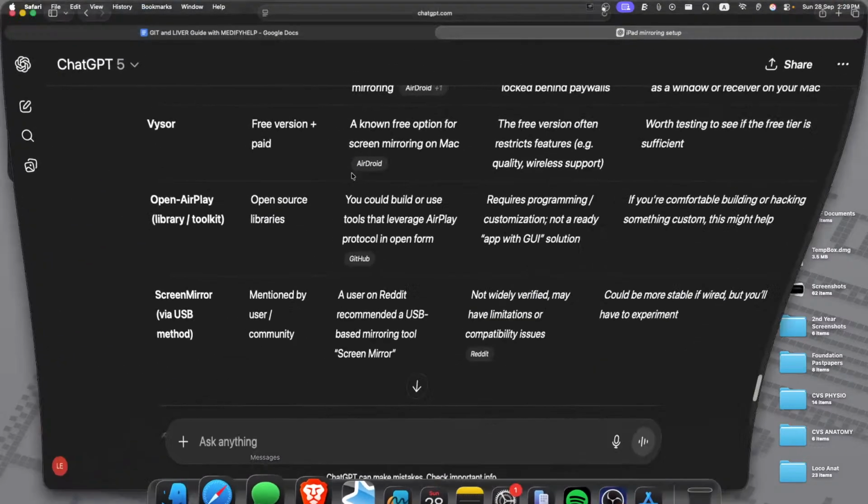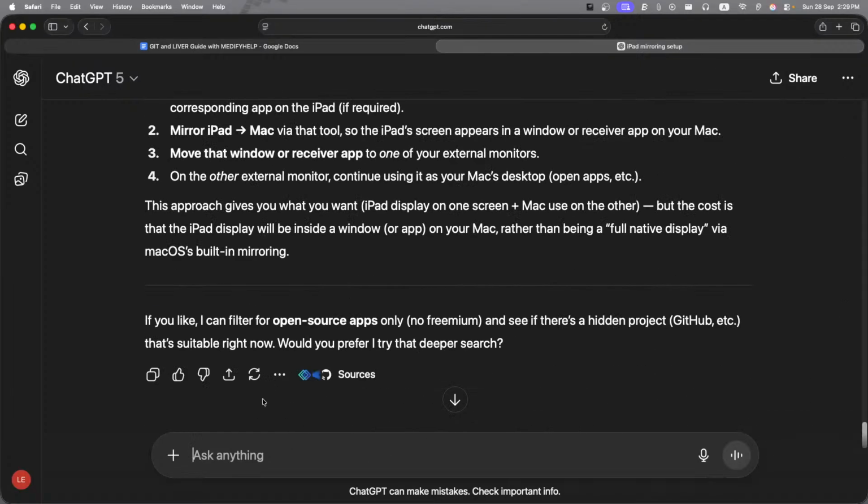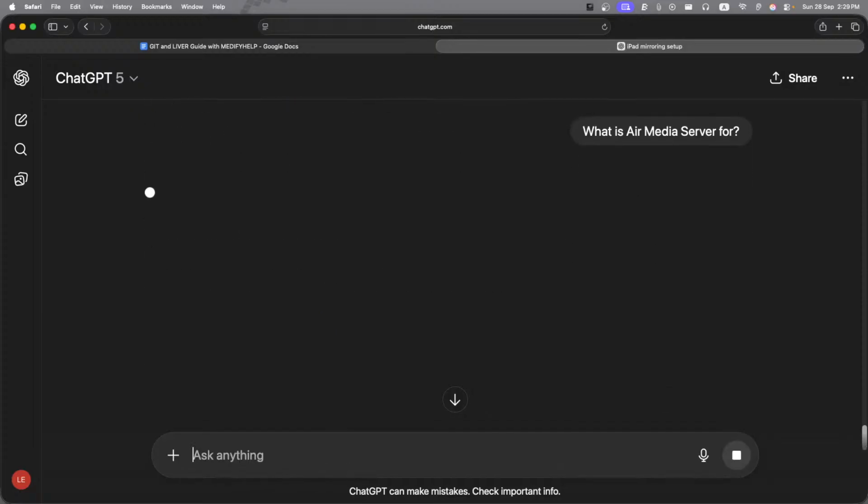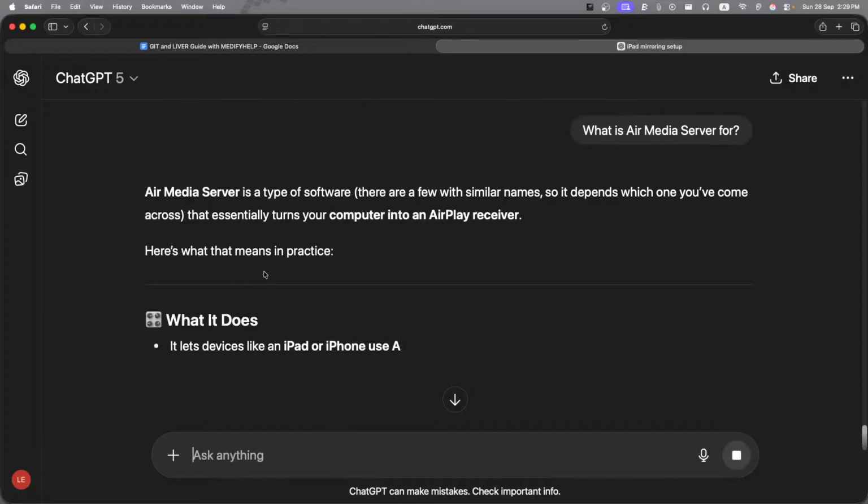What is AirMedia Server for? Let's look it up.